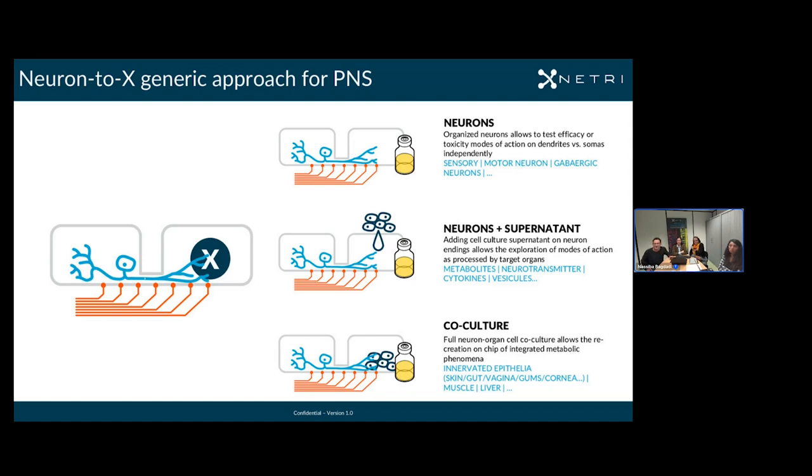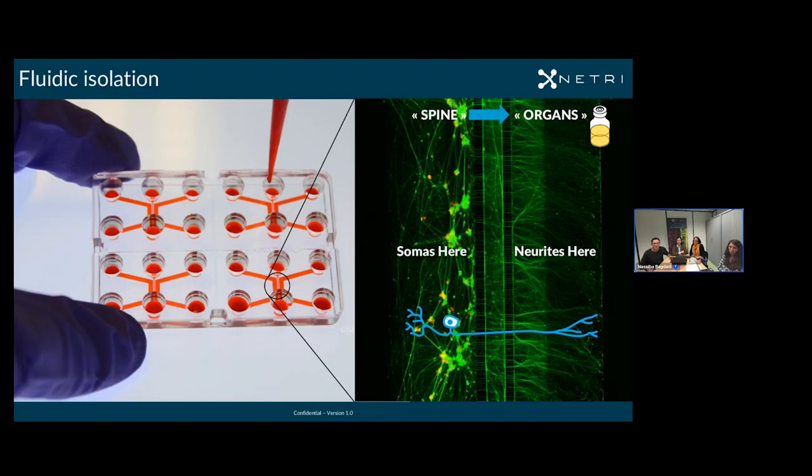First, you need a software and hardware platform to be able to receive the information, the ones and zeros, that neurons produce. The compartmentalization that Nasiba was talking about allows you to put somas on one side and neurites on the other side, which is basically what happens in your body, with your spine on one side and your organs on the other, whether it be your skin or your gut.